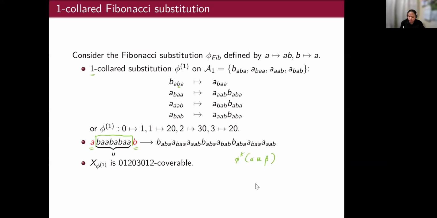So how would we know the value of K? What we want is for K large enough so that the colors of every digit in this word will be contained here. So we want K large enough so that the image of beta under the kth iteration of phi is at least of length n.